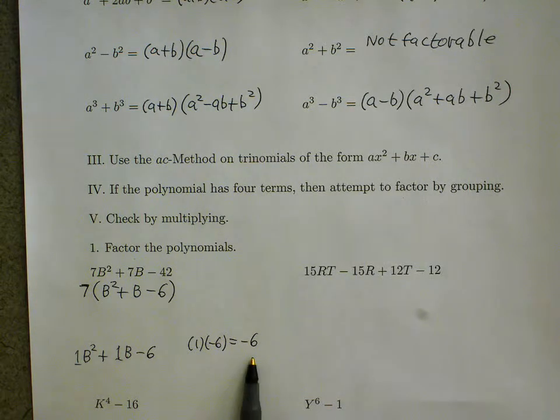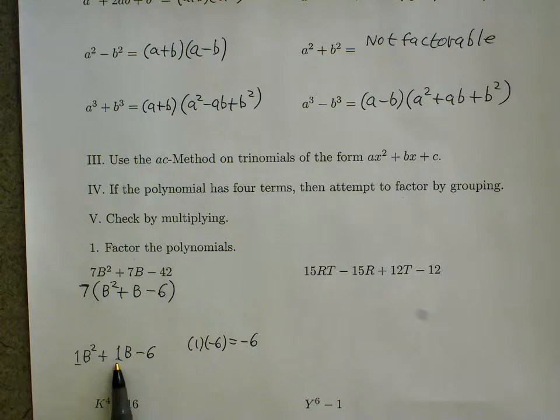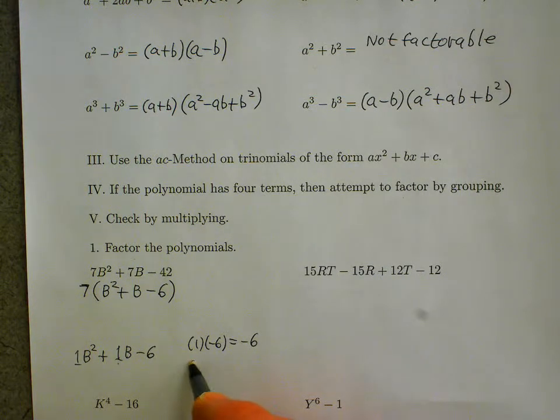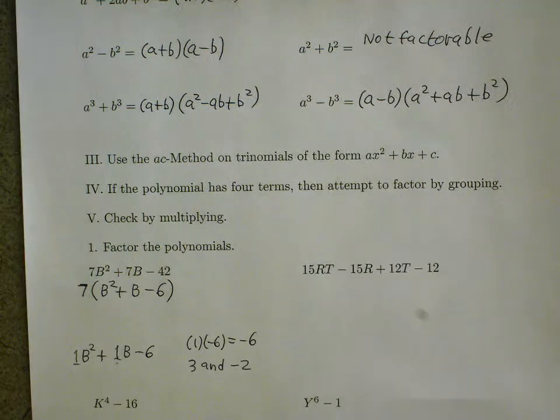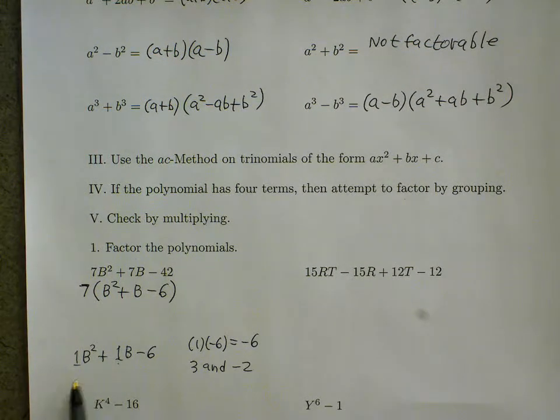And we want to see if we can find 2 integers that have a product of negative 6 and a sum of positive 1. It doesn't take too long to find that: 3 and negative 2. 3 times negative 2 is negative 6, and 3 plus negative 2 is positive 1. So that means that we can factor b squared plus b minus 6.